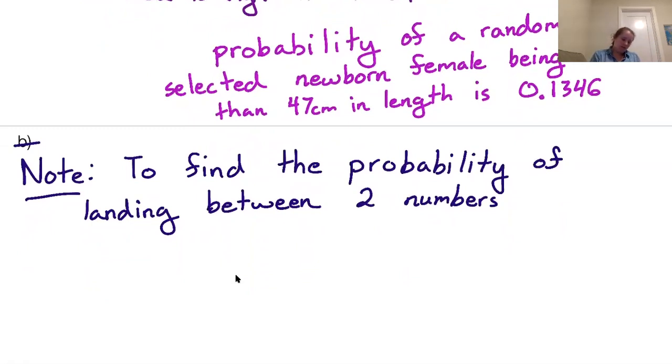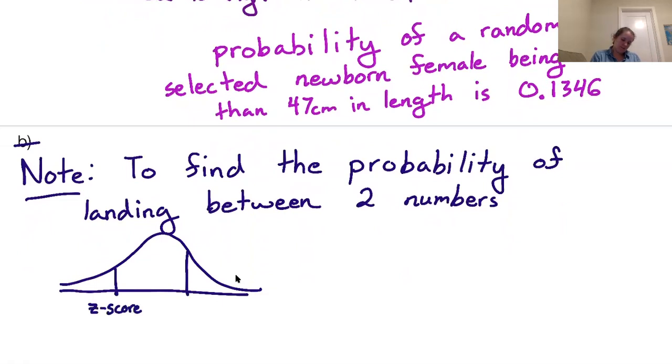If we're looking for between two z-scores, let's call this z-score 1 and z-score 2.